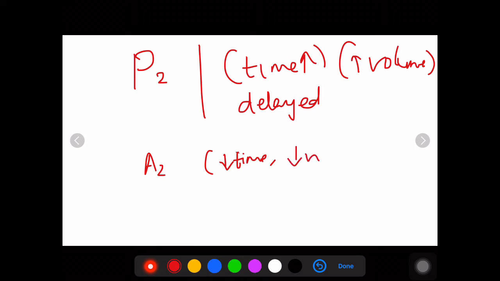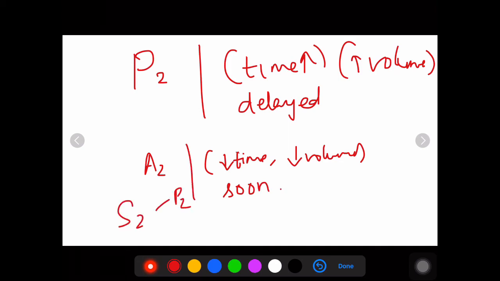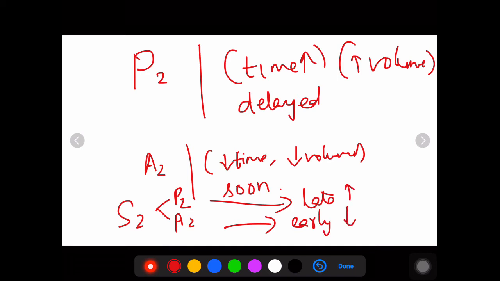Because there's less volume. So it's a bit soon, right? It's not delayed, it's soon. So the S2, which was composed of P2 and A2, is now undergoing a split, because this is late and this is early, because this has more blood and this has less blood. Technically it causes a split in the S2. It's called an S2 split. It's actually called a wide S2 split because it's very prominent, right?